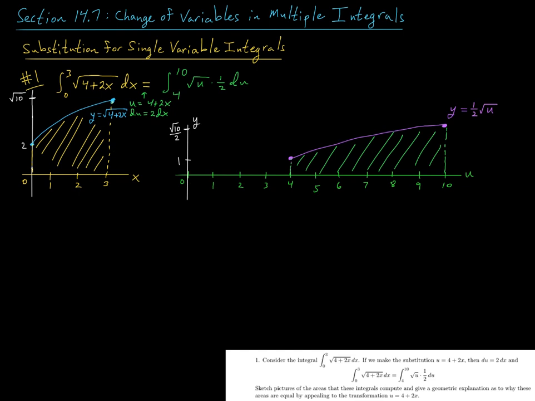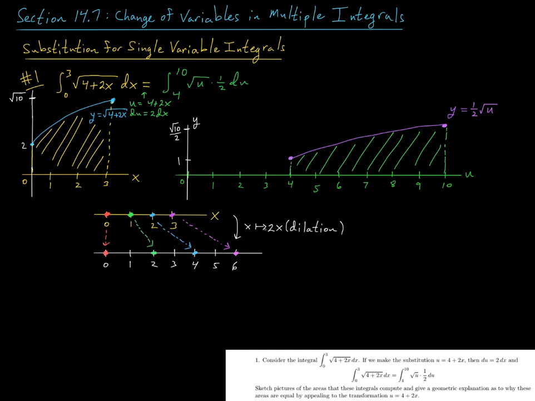Okay, so we're going to unpack that now in a little more detail on the differential level by considering what effect this transformation, u equals 4 plus 2x, has on the number line. So we'll start by just looking at what effect doubling a number on the number line has. And that, of course, is going to just stretch the interval here by a factor of 2.